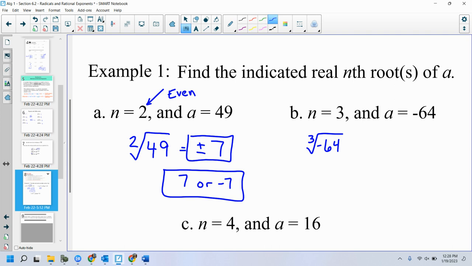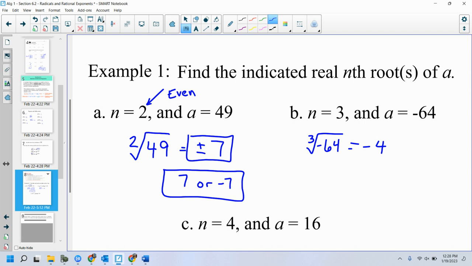That's not actually true. You can't take the square root of a negative number. Can you take the third root of a negative number? Heck yeah, you can. It's -4. You want to know why? Because a negative times a negative times a negative is a negative.